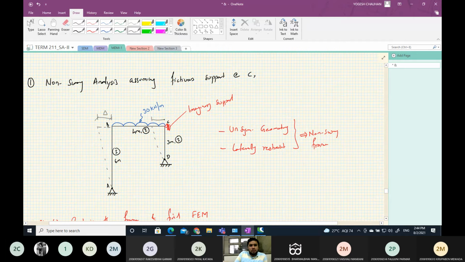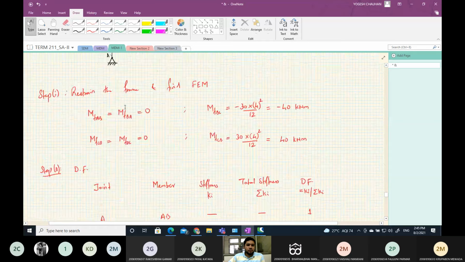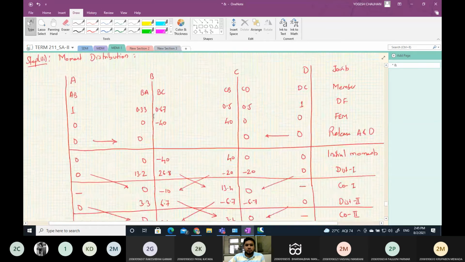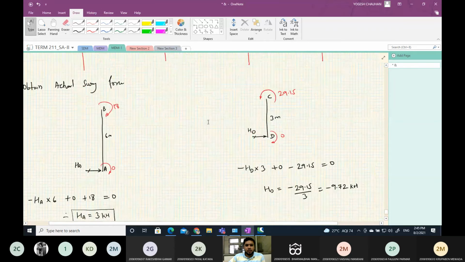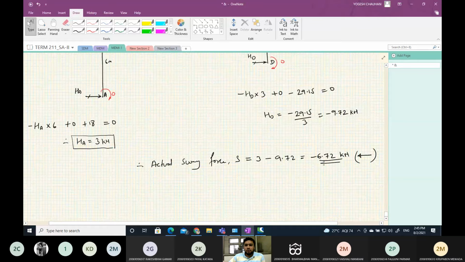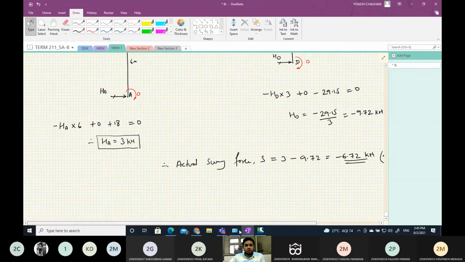Similarly, this is also delta. So we have the value of actual sway as minus 6.72.